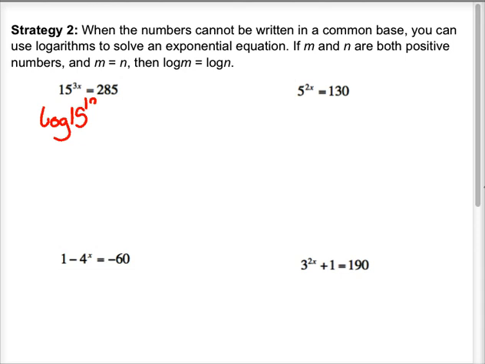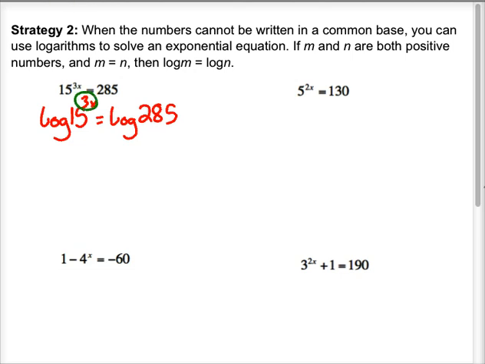Oh, I'm sorry, I started writing that wrong. So you can take a logarithm to both sides of an equation, just like any other operation. All right, well, now let's see what happens. I have this 3x up in my exponent still.